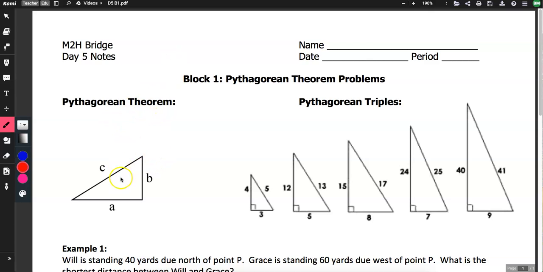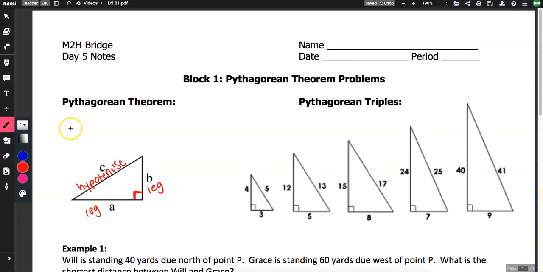It's a relationship between the sides of a right triangle. So this only works with a right triangle. We have the side across from the right angle is our hypotenuse. And then the other two sides, we usually call them legs. It doesn't matter which is which for the formula, but the other two sides are called legs.